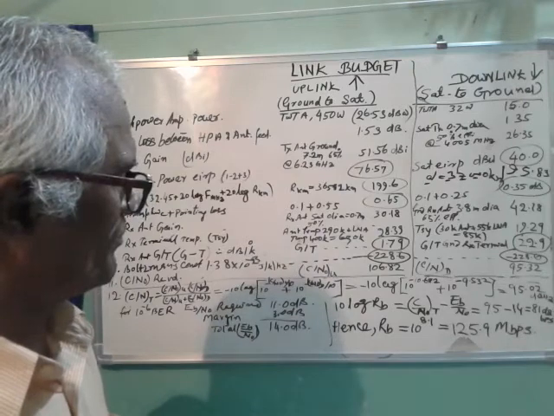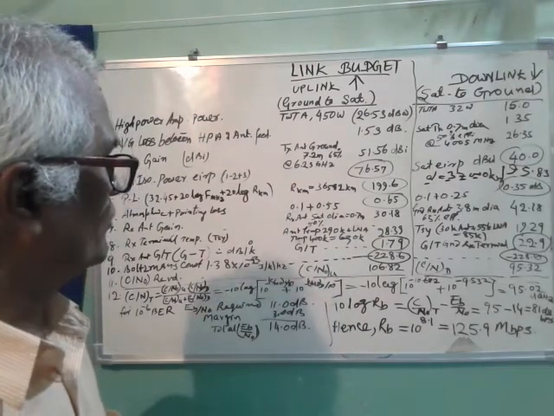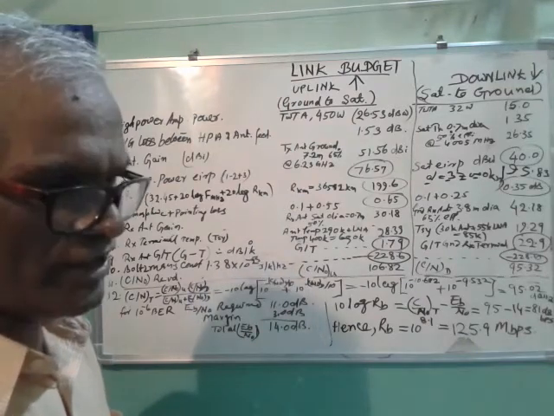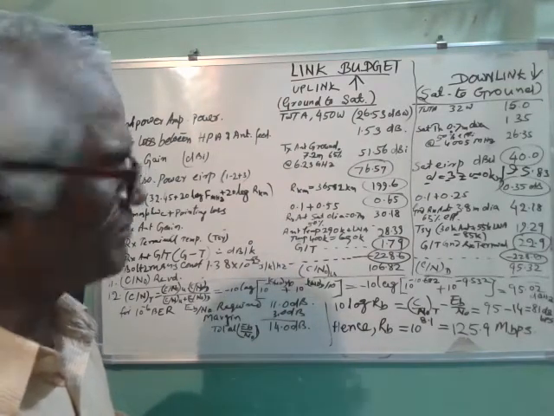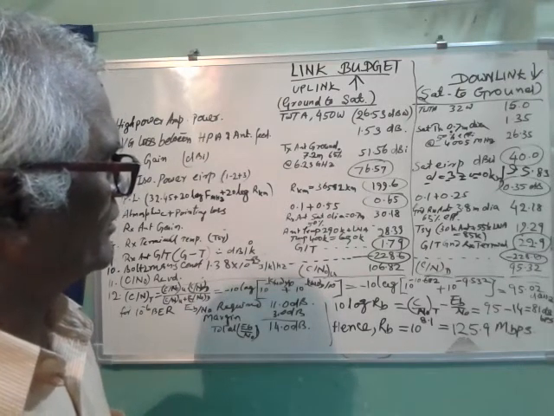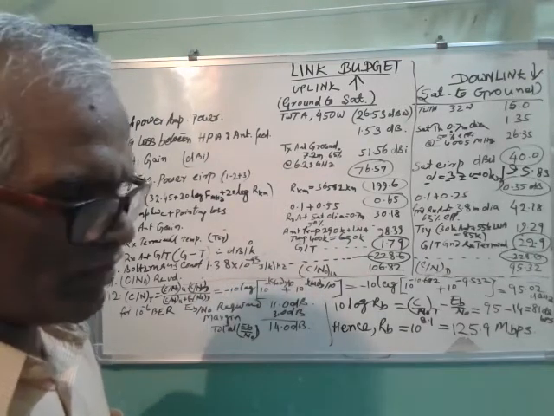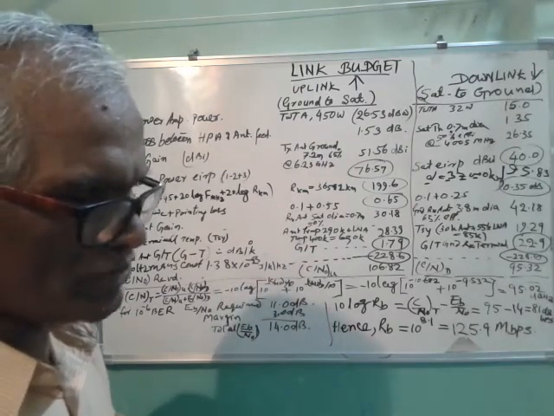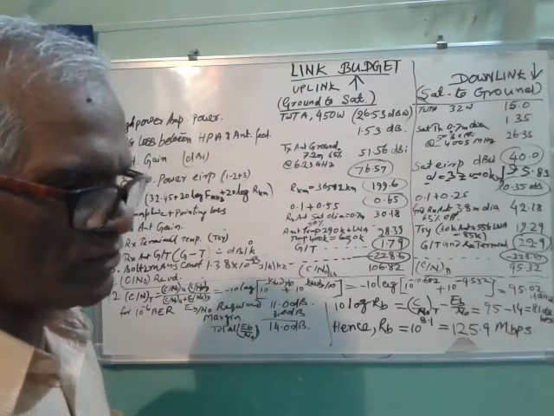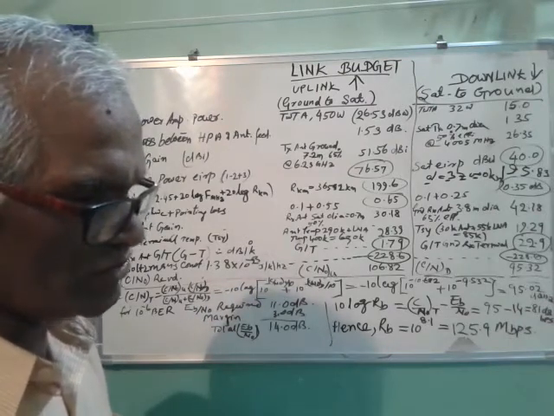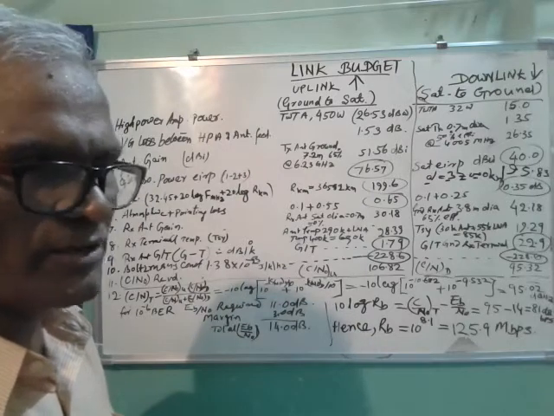And next, I hope the link budget, we have put it here in the simplest way, and when the time comes, we will revisit this link budget from one side to the other, like a VSAT link budget or a mobile terminal link budget.